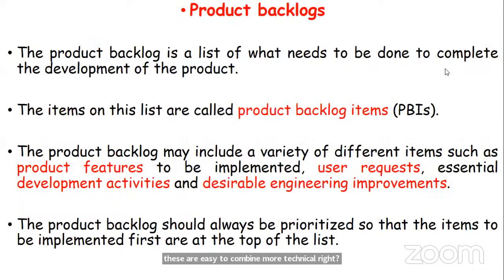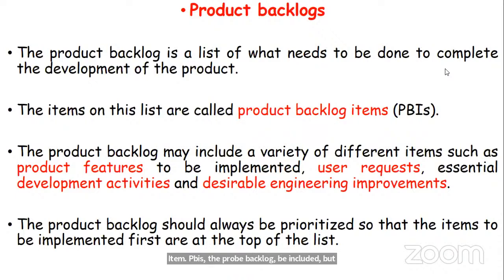So the product backlog is a list of what needs to be done to complete development of a product. Now, the items of this list are called product backlog items, PBIs. The product backlog may include a variety of different items, such as product features.